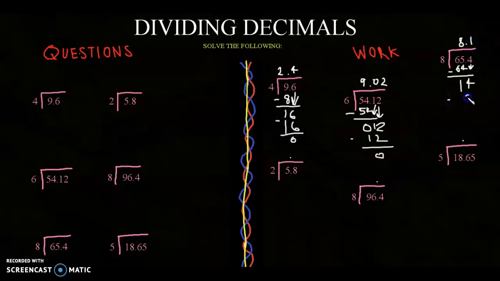So it's 8, and then what do we get? 14. Yeah. Okay, let's add another 0. It's going to be a 7. 7 times 8 is? 56. And we have a 4. And our 0. We bring down another 0. 8.175. Okay? Let's go on to the next one.